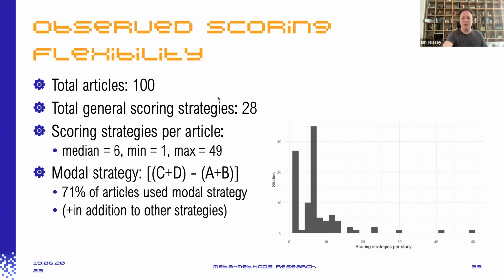I've inserted one of my plots a little early here. I'll come back to this bit here. So the modal strategy was found to be the following: the C plus D minus A plus B. And this was used in 71% of the articles that we observed. This could be seen as positive in the sense that there is some degree of not standardization, but at least a common method of analysis.